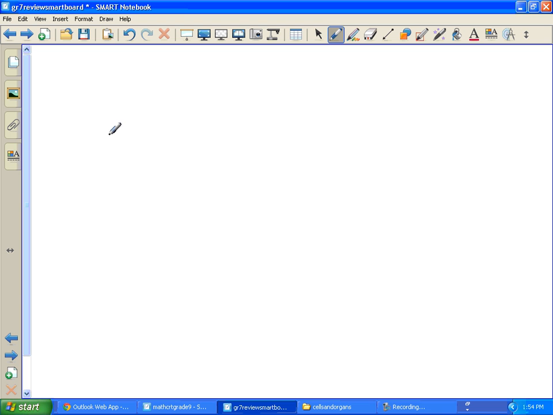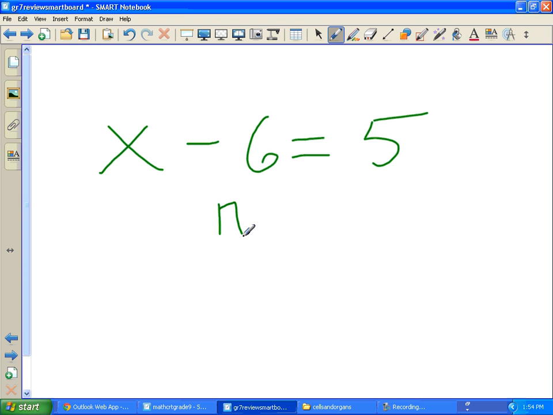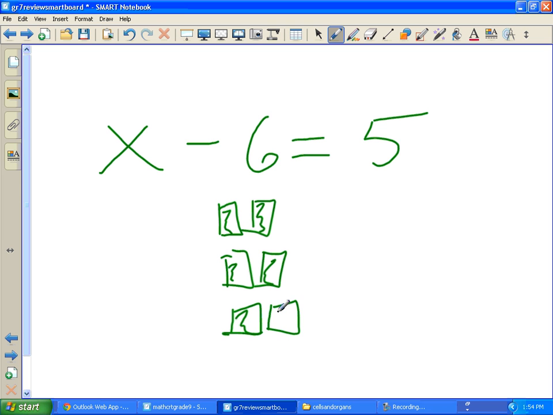So if I have one like x subtract 6 equals 5, okay, so I've got 6 of these. They'll be red, of course, for negative. So I'll have 6 blocks here to represent negative, and I'll have to cancel them out by adding 6 positives. So that'll cancel that one out.